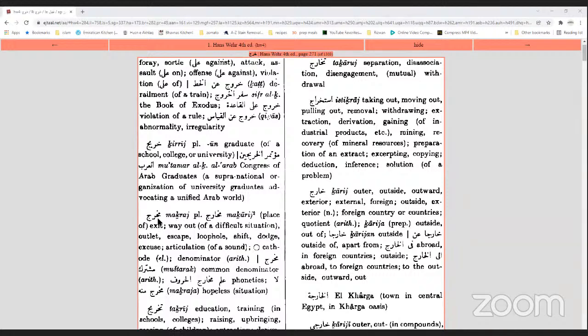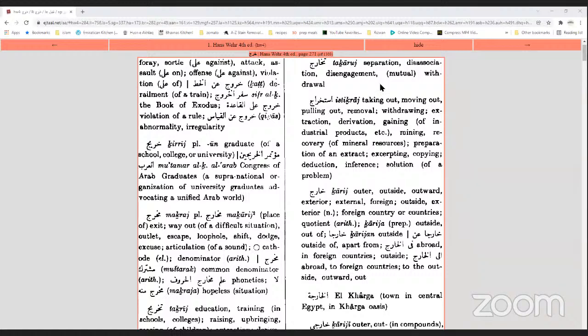Here it is written. This is very old printing, brothers and sisters. This dictionary was written in, I think, 1800 something. It's very old. So what is this? It's not makhrij. Makhrajun. Understood, brothers and sisters? This is makhrajun. So you got everything now.